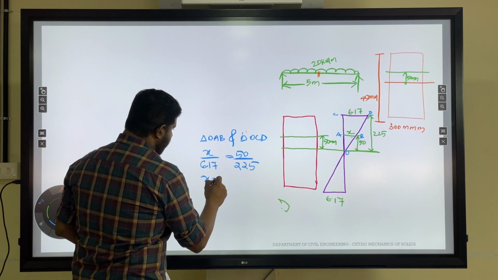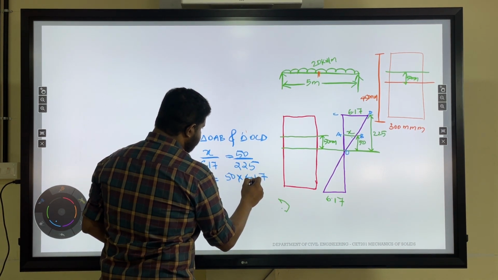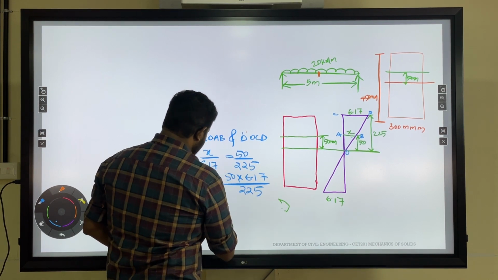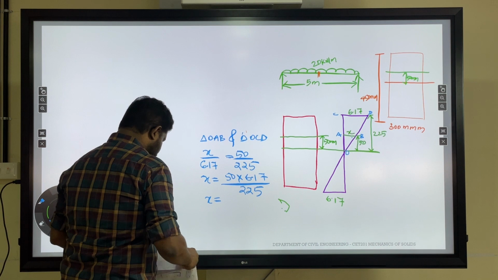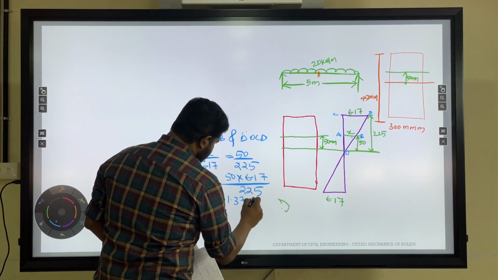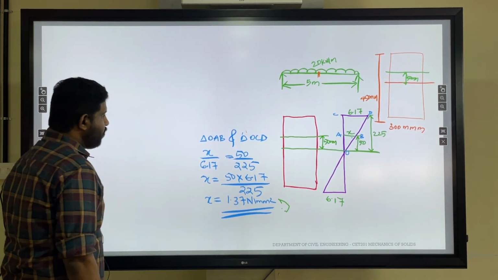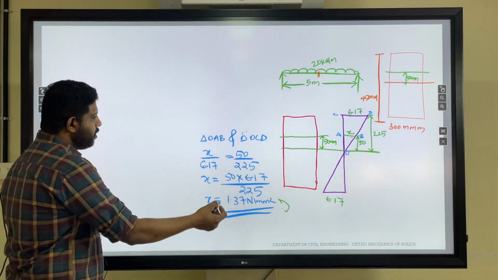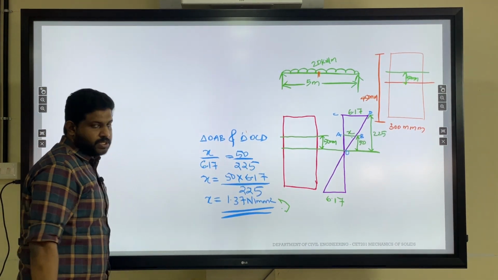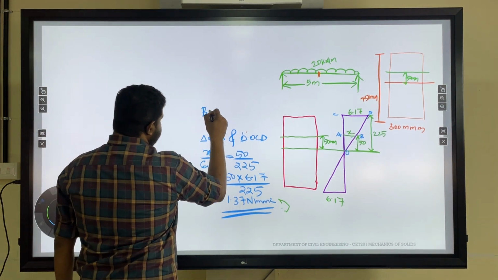So for getting the x value, we will have 50 into 6.17 divided by 225, and you will get the stress value, which is 1.37 Newton per mm square. So this is the bending stress developed at a layer located 50 mm above the neutral axis.